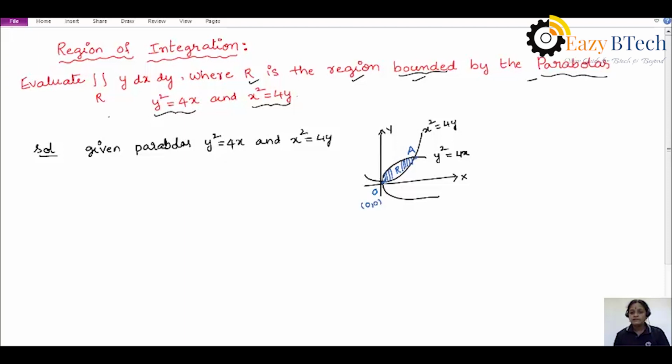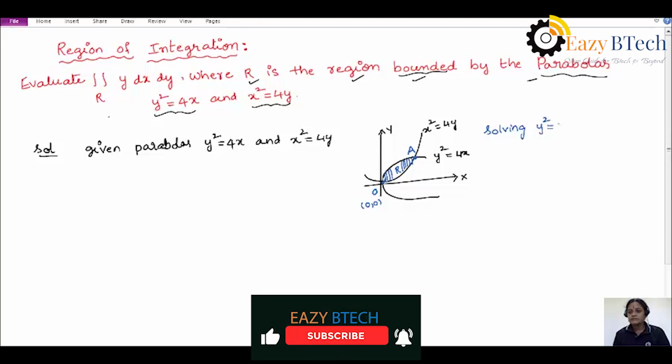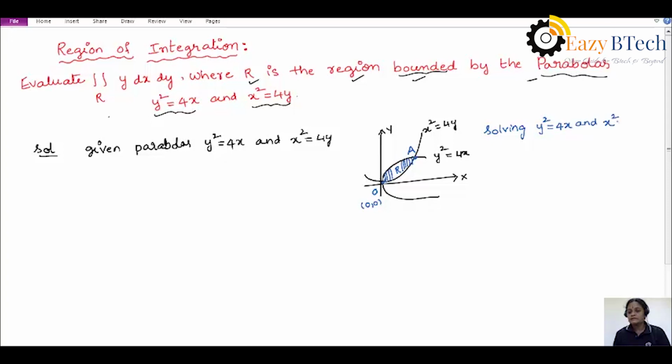Now we have to find point A, where the two parabolas intersect. To get A, solve y square is equal to 4x and x square is equal to 4y.